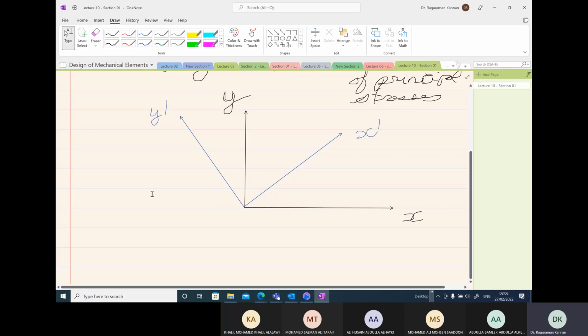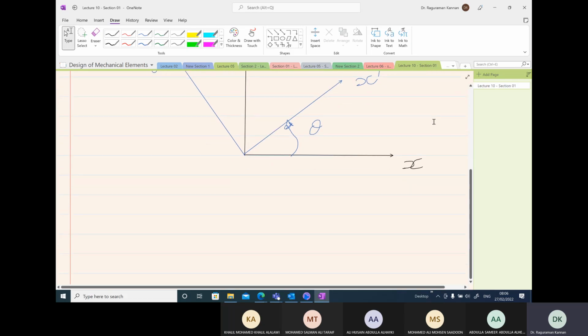On these new axes, we want to figure out what are the new stress components in this new direction. So just like a vector, we have seen last class that the rotation of the axes does not change the vector. In the same way, the stress tensor remains the same.